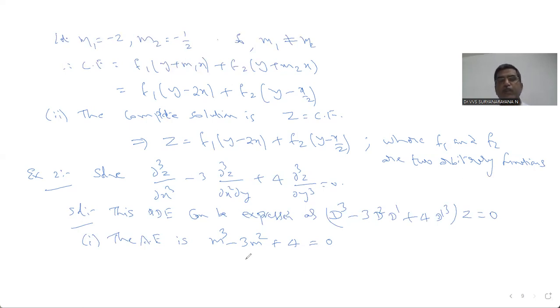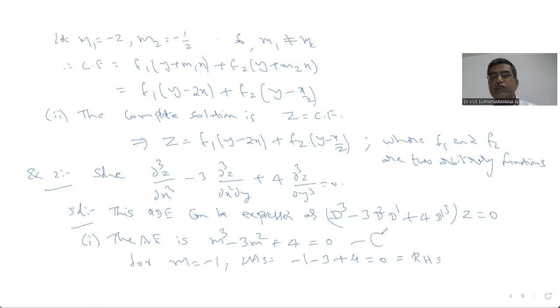So clearly, for m equal to 1, we will get 1 minus 3 plus 4, not equal to 0. For m equal to minus 1, our LHS becomes minus 1 whole cube minus 3 into minus 1 whole square plus 4. So what we'll get? Minus 1 minus 3 plus 4 equal to 0, equal to RHS. That means clearly m equal minus 1 is the root of this equation and m plus 1 is a factor of the polynomial.